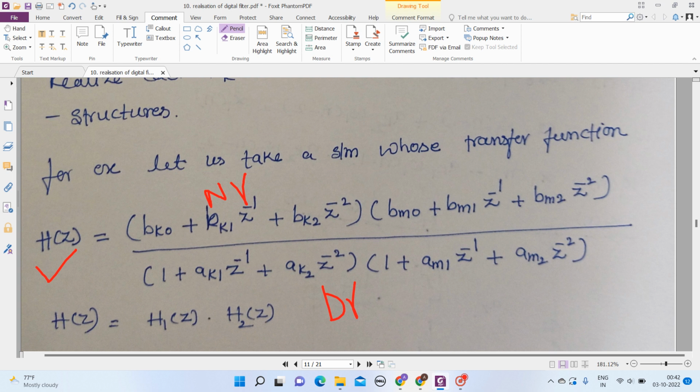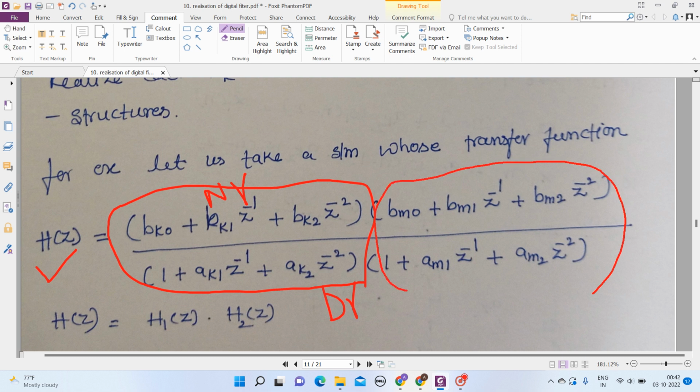Here we are going to split this numerator and denominator into two transfer functions. I will take this one as H1(z) and this numerator and denominator as H2(z). You can also ask, ma'am, shall I take this one and this one as H1(z) and the other two as H2(z)? Yes, you can also take that.